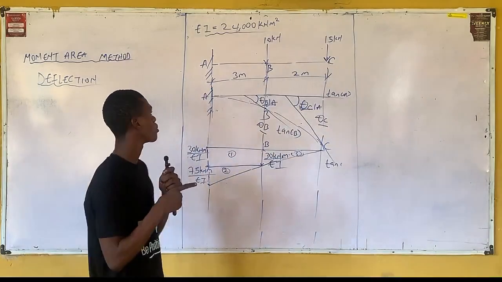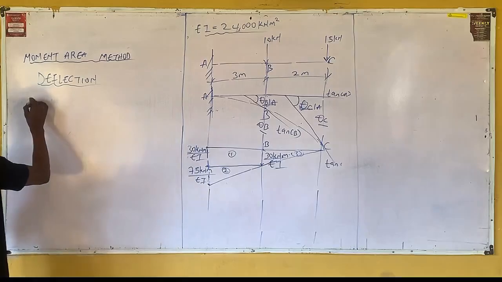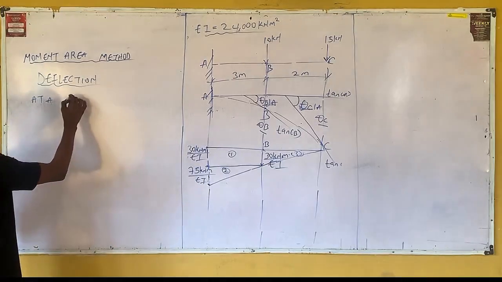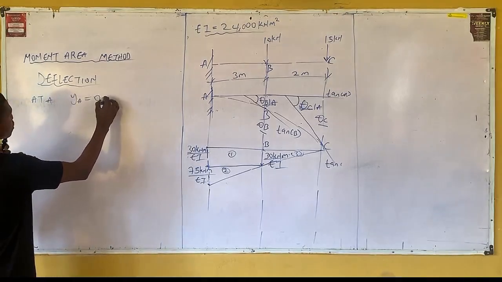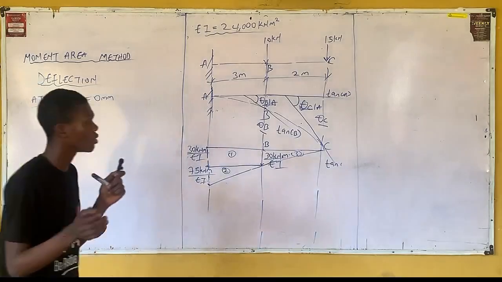Now, for the first point, which is point A, what's the value of deflection there? At A, the deflection YA is equal to 0 mm. You know the reason for that, right? In our introductory class, we've discussed all of this.